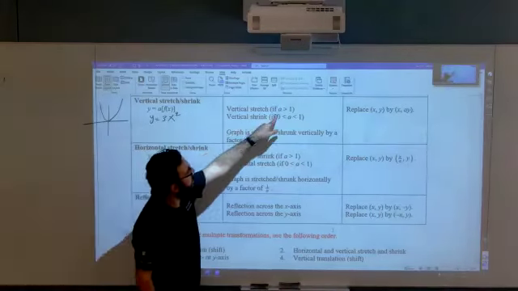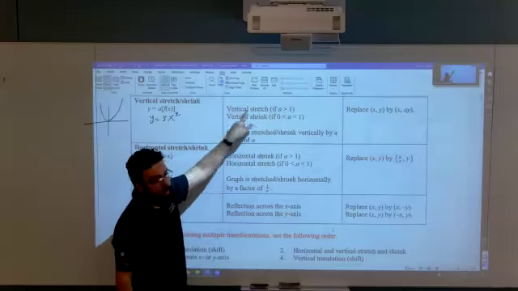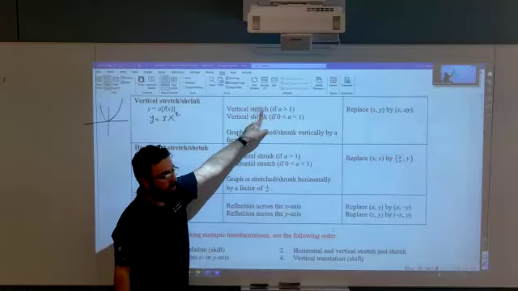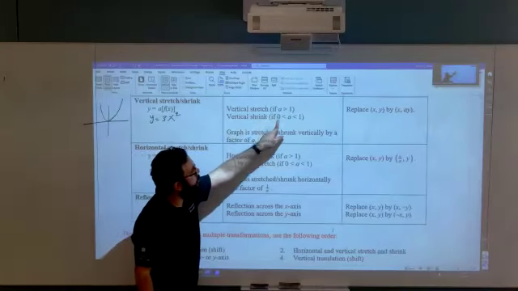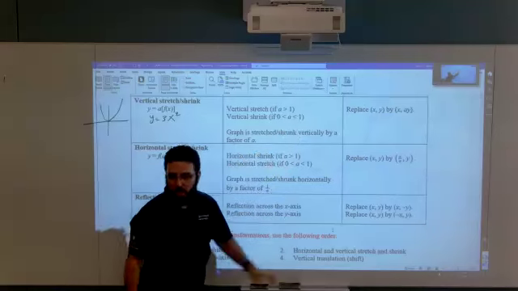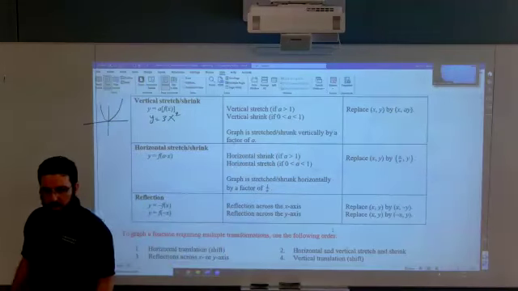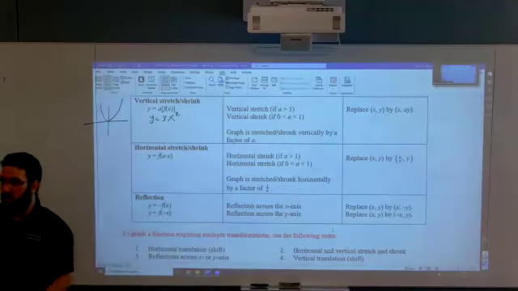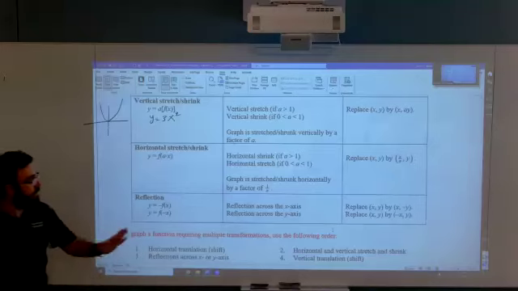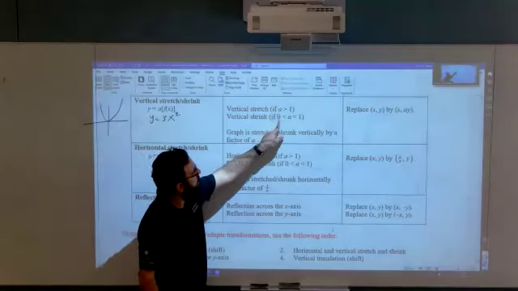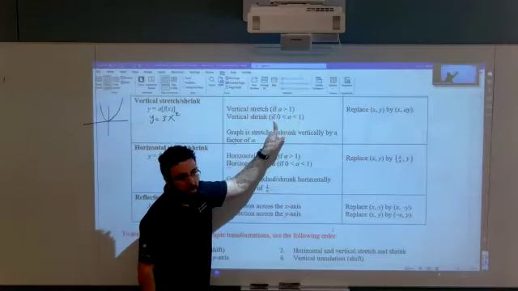If the number is greater than 1, so it's going to be what? Vertical stretch. If the number is between 0 and 1, what does that mean? Fraction. 1/2, 1/5, 1/6, 1/10. The number should be between, but it's fraction.